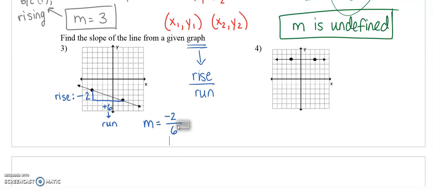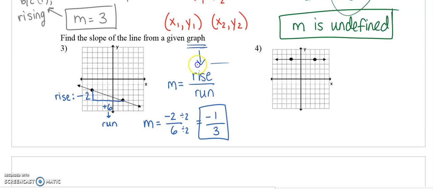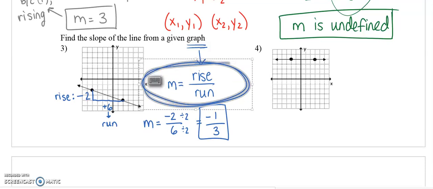Negative 2 divided by 6. And then this is one of those fractions that you can reduce. I just have to divide by 2 here. So we end up with negative 1 divided by 3. And that's our slope. Alright, so graphically it's mostly just counting. You just have to remember the definition. And that's this right here. As long as you know that definition, you should be good to go.